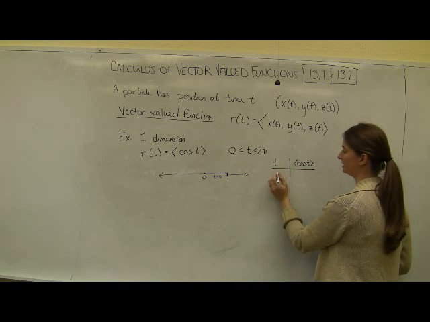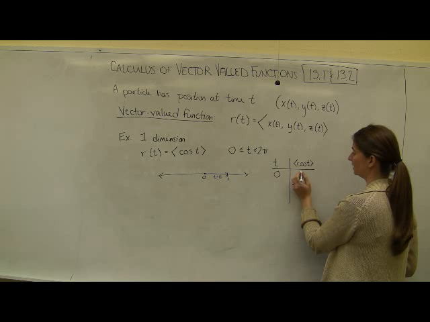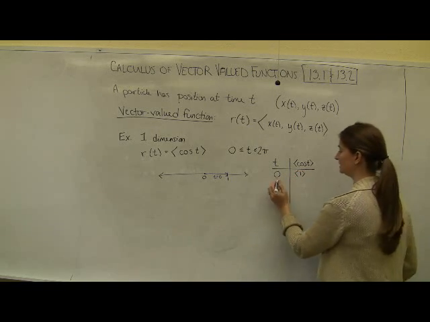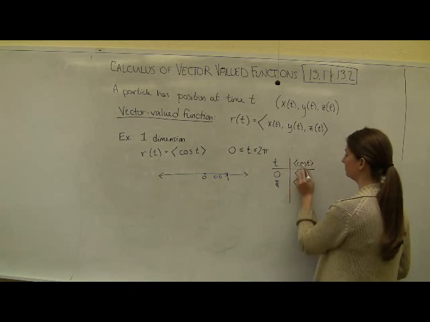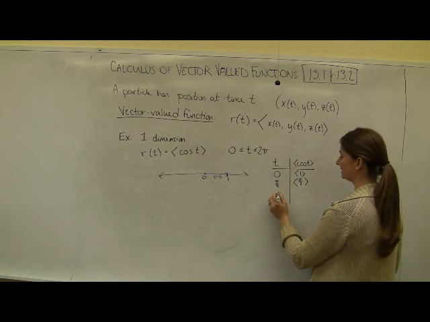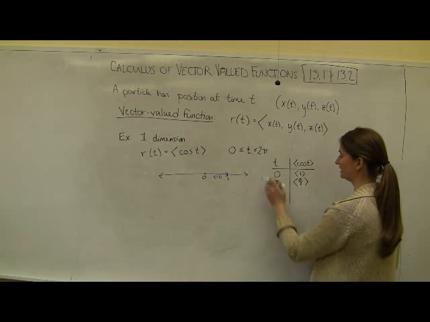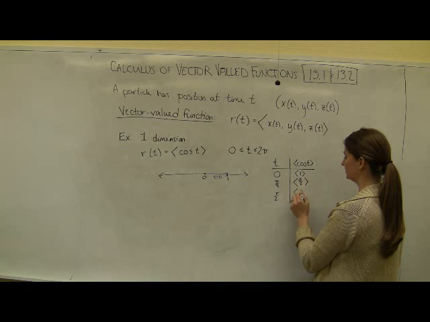And we just saw that when t was equal to 0, the cosine of t is exactly equal to 1, and so I get a one-component vector. When my t is equal to, let's say, pi over 4, my output is then going to be square root of 2 over 2 as a vector. And I can continue on to see that as my t value increases to pi over 2, I get an output of 0.